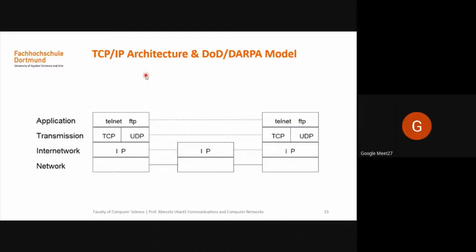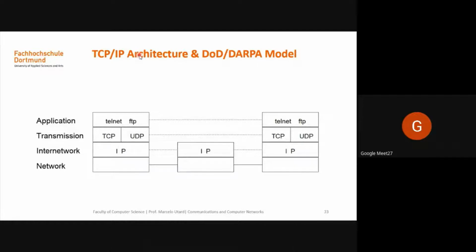We were talking about the OSI reference model, that is the Open System Interconnection Reference Model, but in fact in the Internet we use another architecture based on another model. That architecture is called the TCP/IP architecture, or TCP/IP network, and it is based on another model called the DARPA model or DoD model, that comes from Department of Defense, and that comes from Defense Advanced Research Projects Agency.